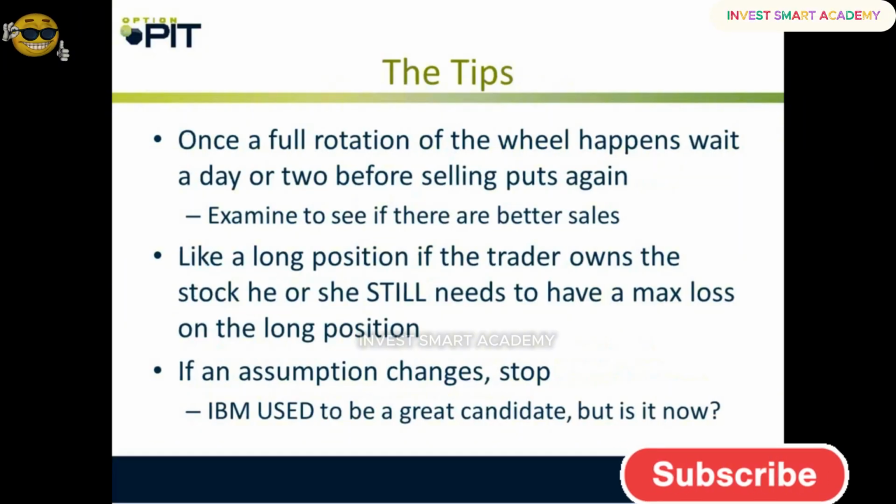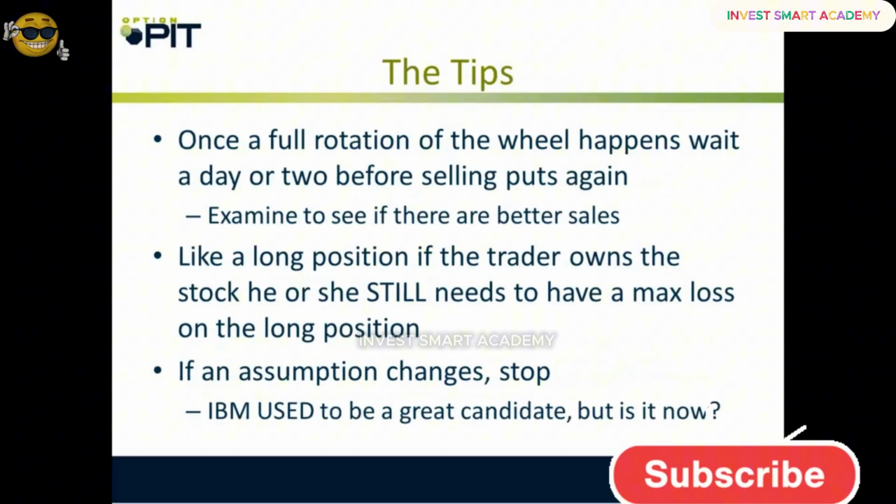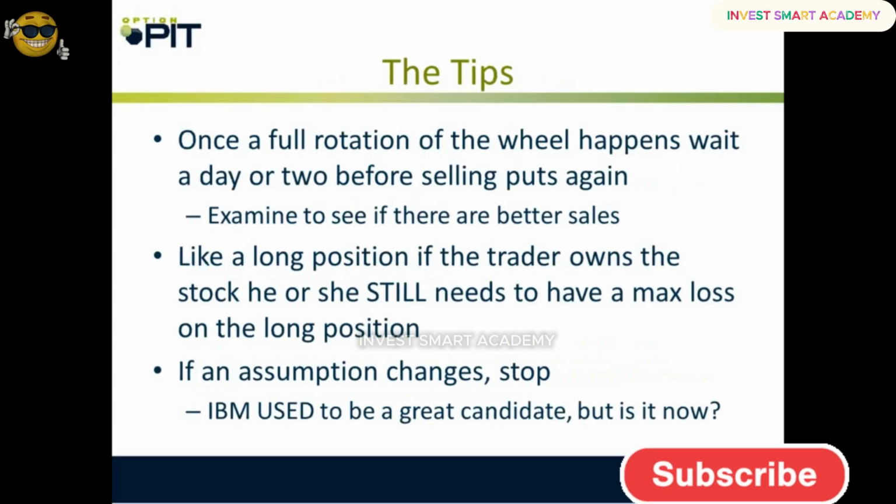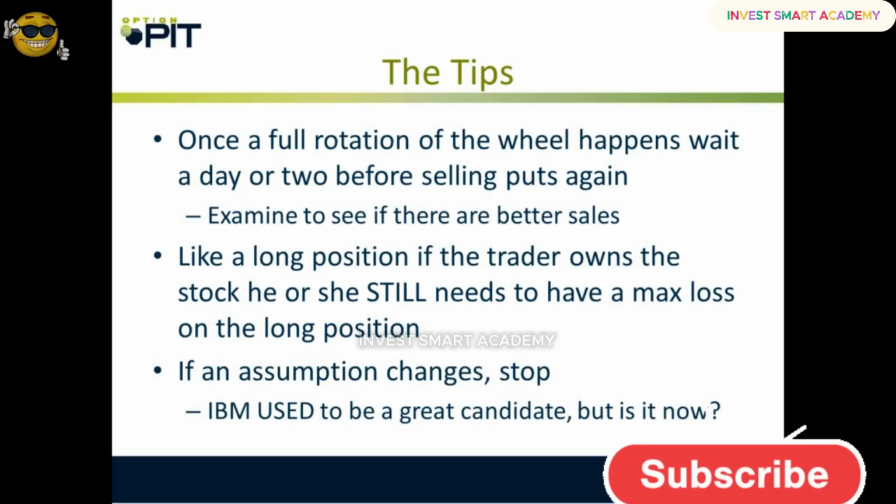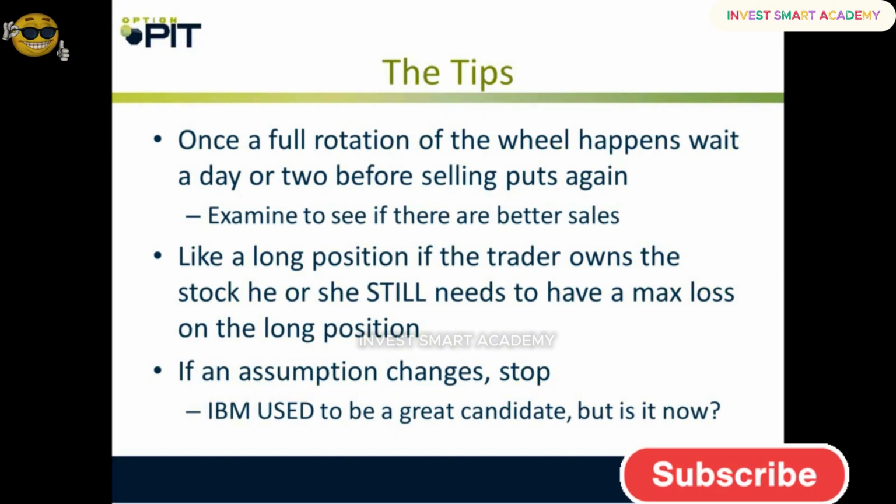Once a full rotation of the wheel happens, wait a day or two before selling puts again. Examine to see if there are better sales. Like a long position, if the trader owns a stock, she still needs a max loss. If an assumption changes, stop trading the wheel.